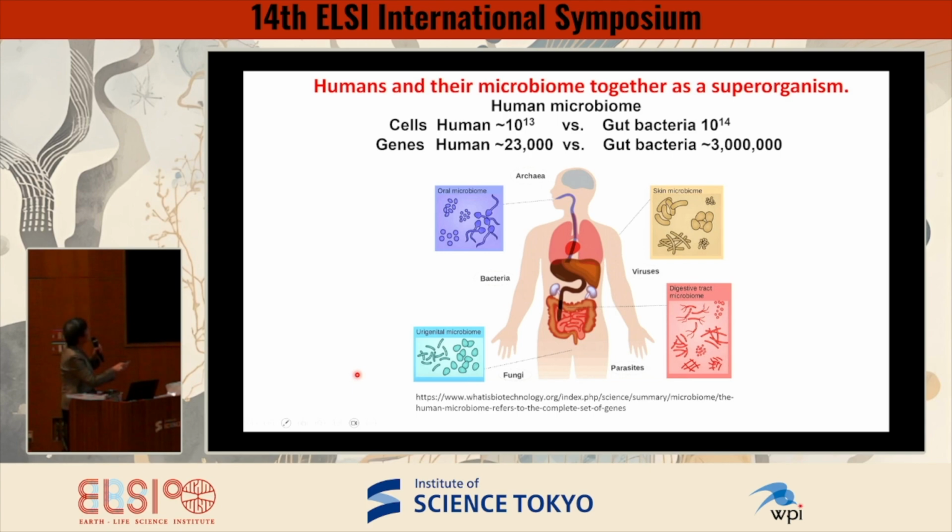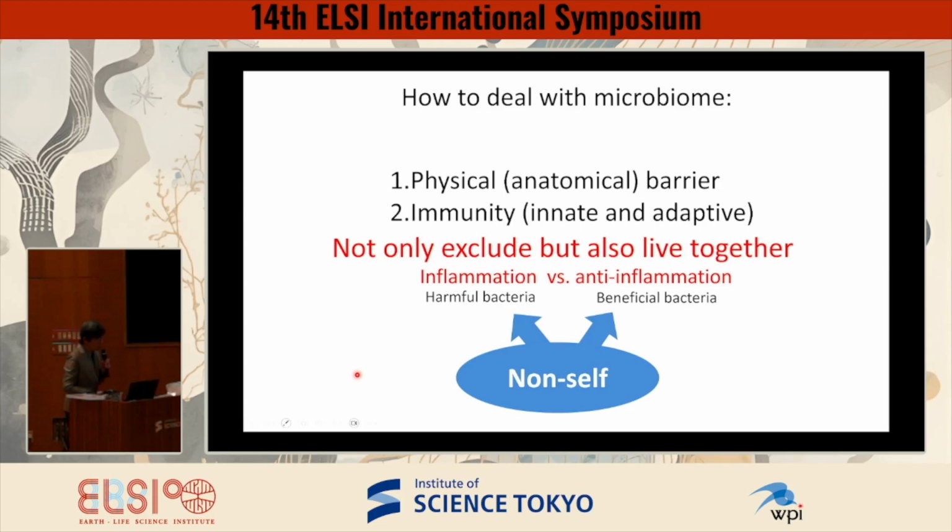If we compare gene numbers, we cannot make a good comparison, because each organism has a different gene set and a different metabolic system. That's why our body is much influenced by these coexisting microbiomes. So how do we deal with this big microbiome?